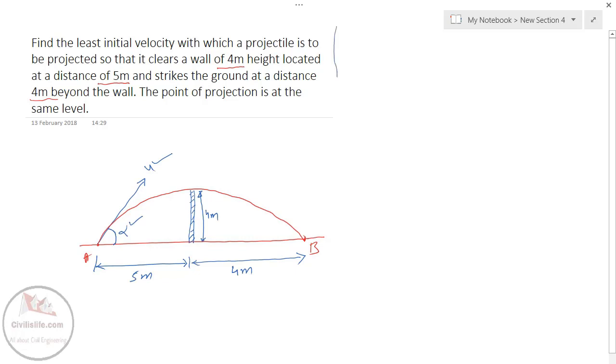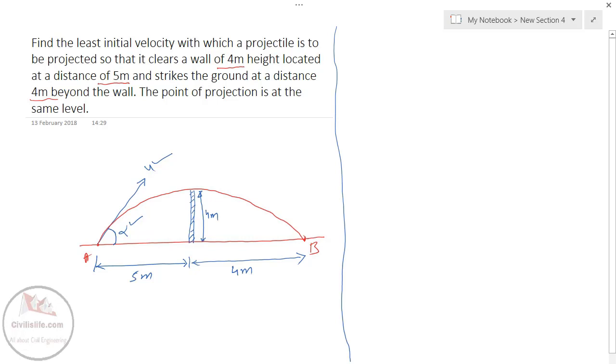Now from the available data I can write two equations. In this one, the relation between x and y is given, that is at a distance of 5 meter along x the particle has to clear a height of 4 meter along vertical.